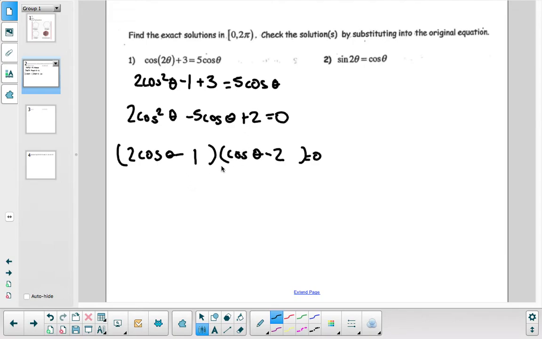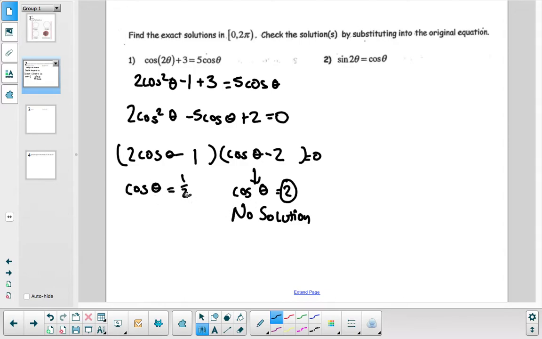Next, we are going to set up both of our equations. So cosine theta is equal to 1/2 for this one, and then cosine theta equals 2. That should be a red flag. Cosine can't reach 2, so this portion has no solution, which is nice. We don't have to list as many things.